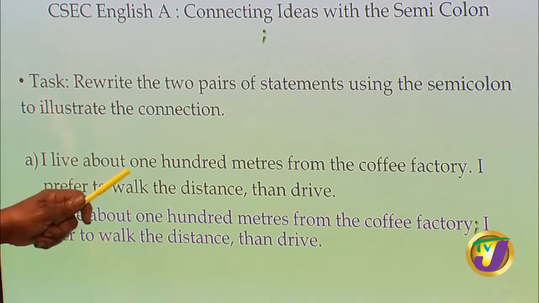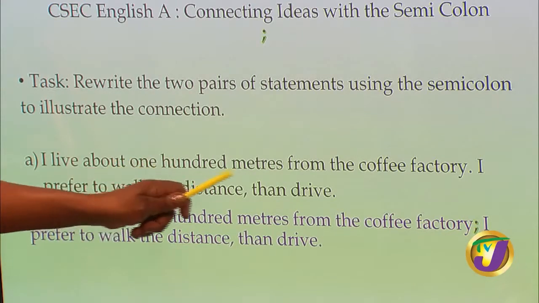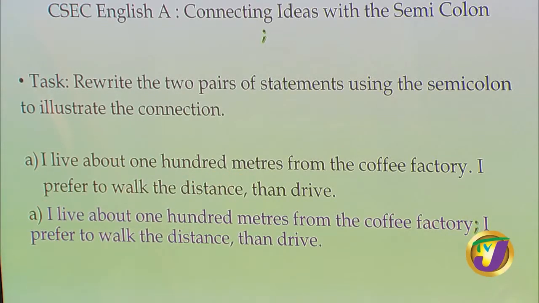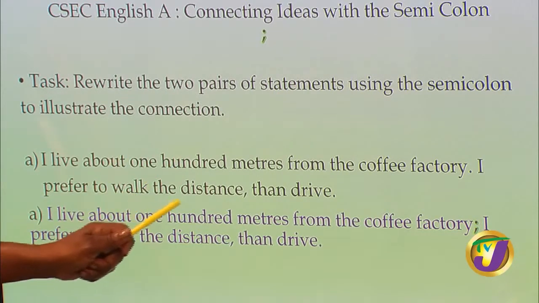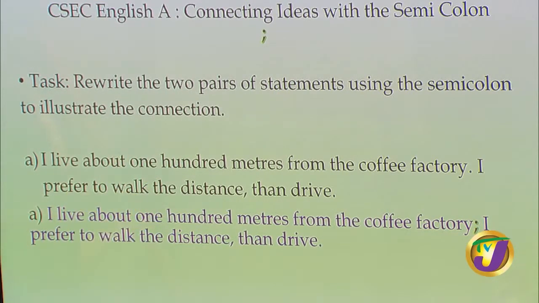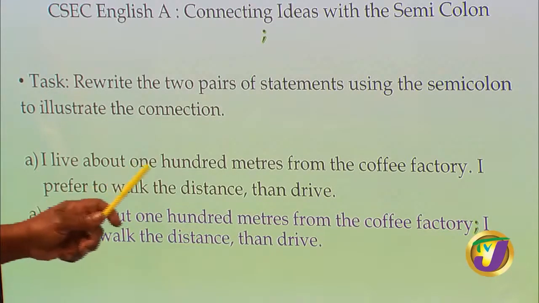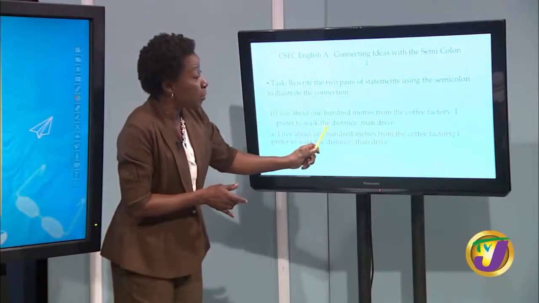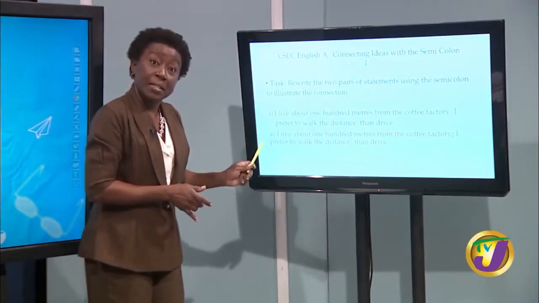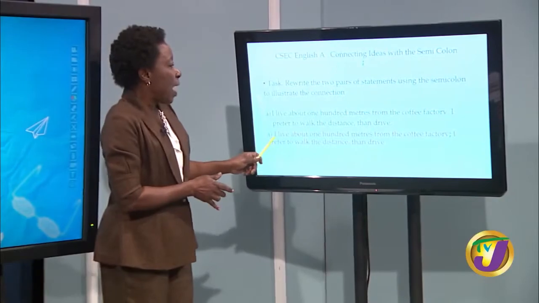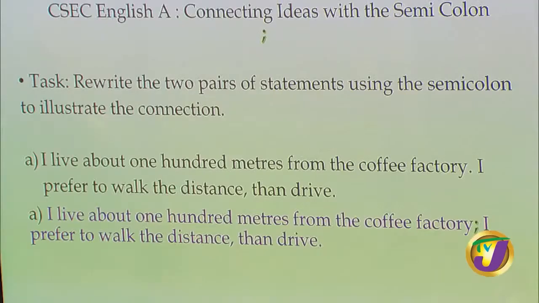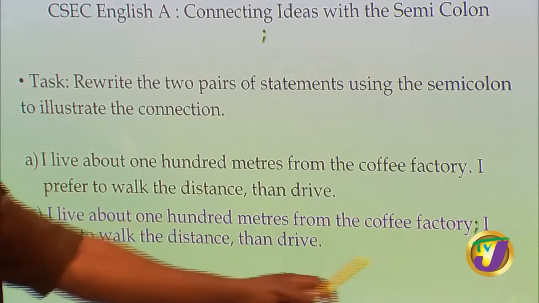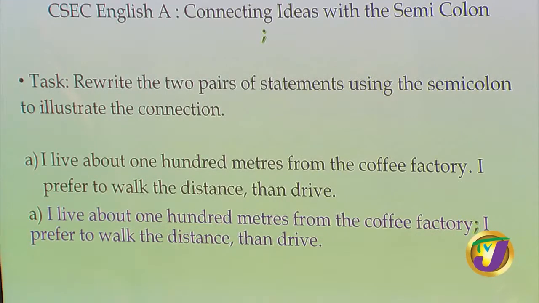You are looking about 100 meters, okay then? And the connection between this is right here, distance. So these two sentences are referring to distance from the same place. So we have the two similar expressions of distance in these two sentences. So then, I live about 100 meters from the coffee factory; I prefer to walk the distance than drive.